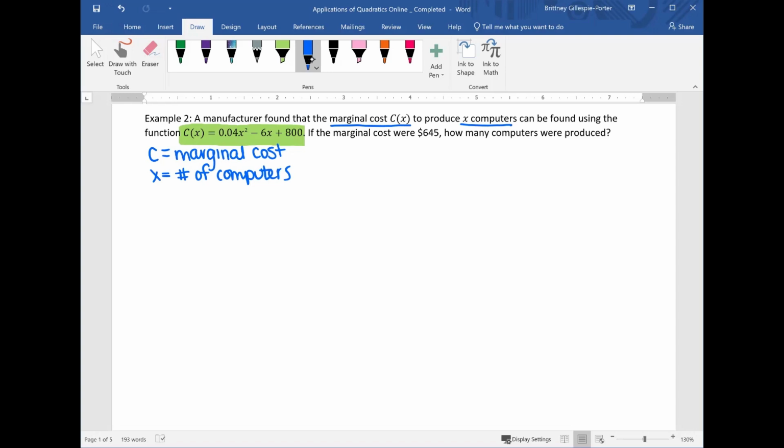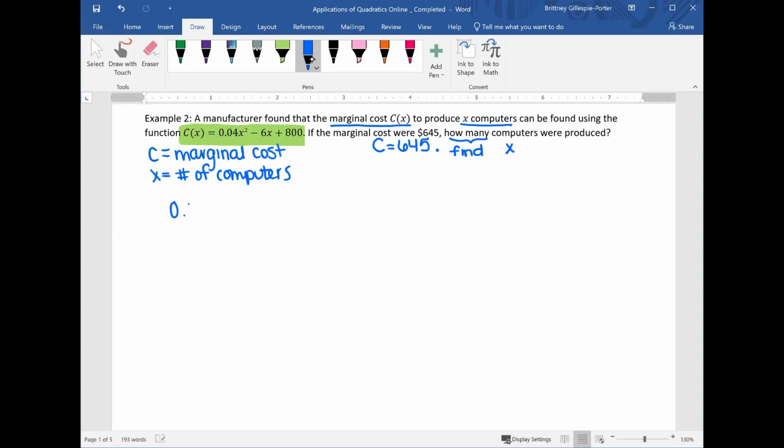It says if the marginal cost were $6.45, we know marginal cost is C, so we have $6.45. How many means find. Computers was x. So C is $6.45. We need to find x, which means we're going to plug $6.45 in for C.